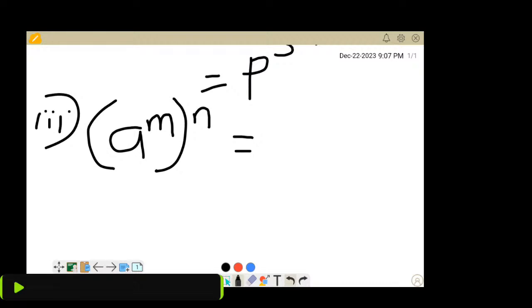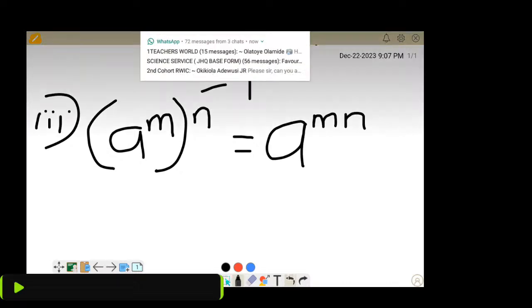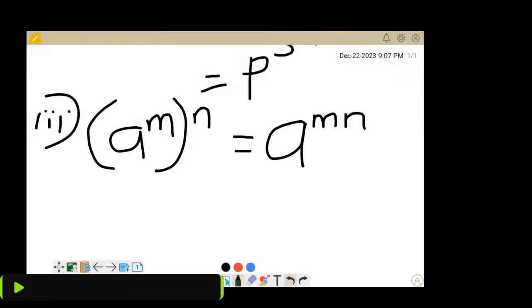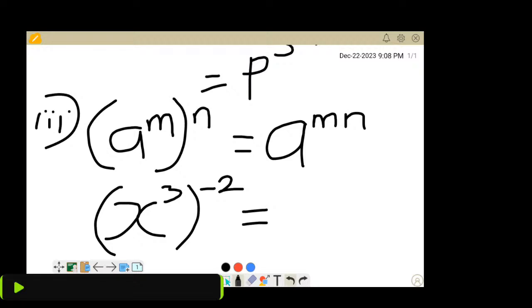Therefore, we can multiply the power. For instance, let's say we have x raised to power 3, that is in the bracket, raised to power minus 2. You can easily say x is raised to the power of minus 6.